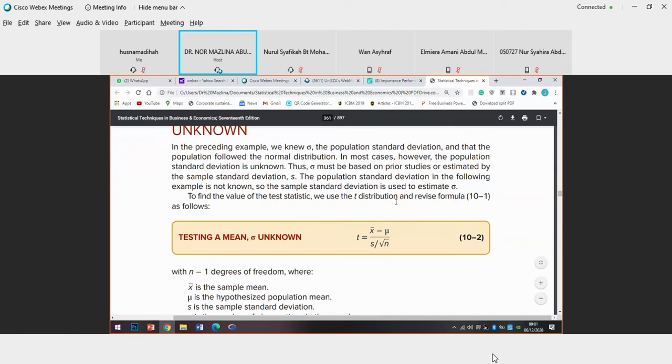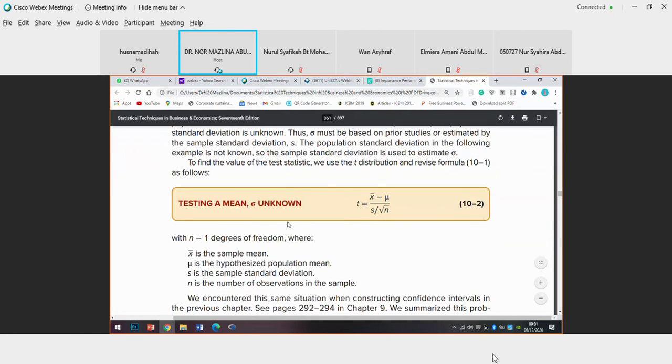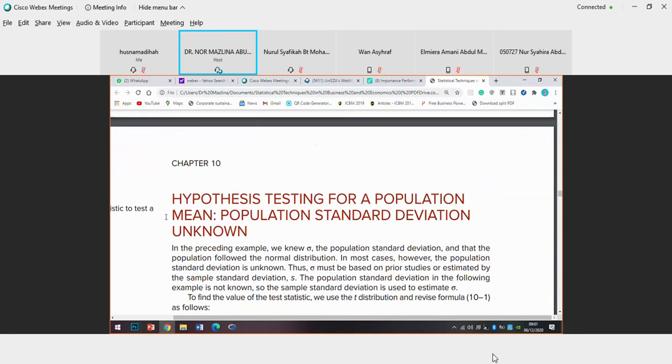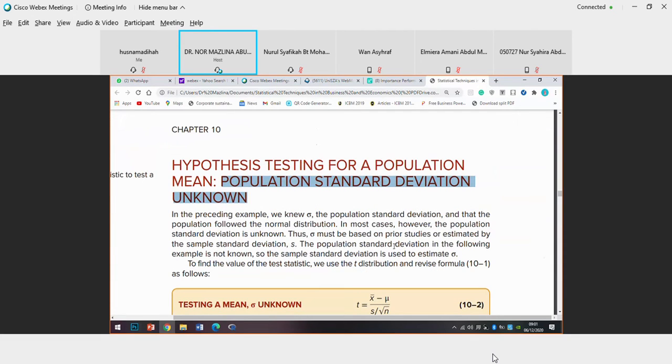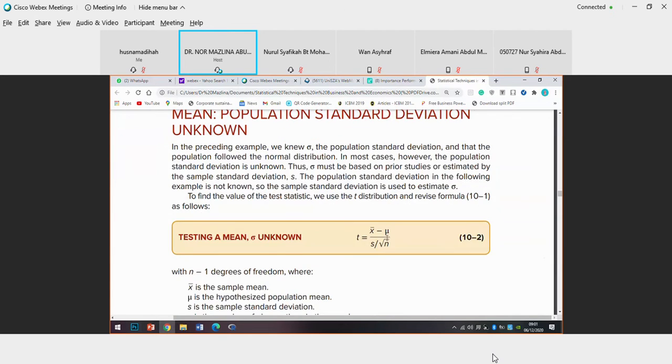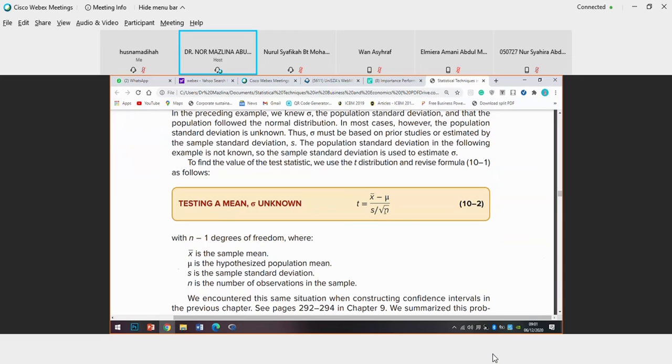Now masa bila kita guna t-test, kita dah tahu kan? When population standard deviation is unknown and usually this is when your sample size is less than 30. Jadi biasanya bila sample size kita kurang daripada 30, kita guna t-distribution.